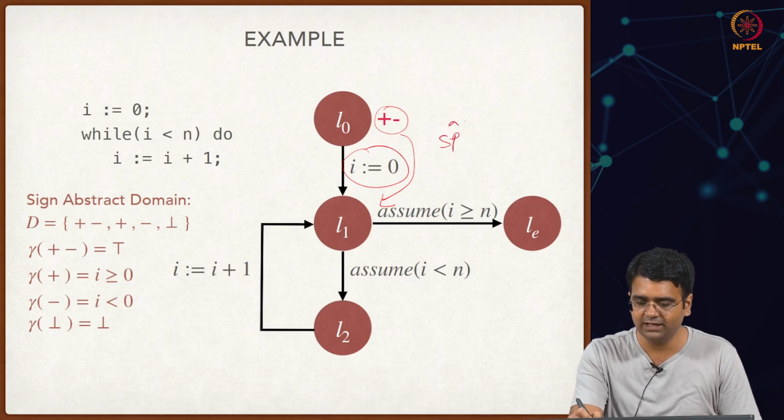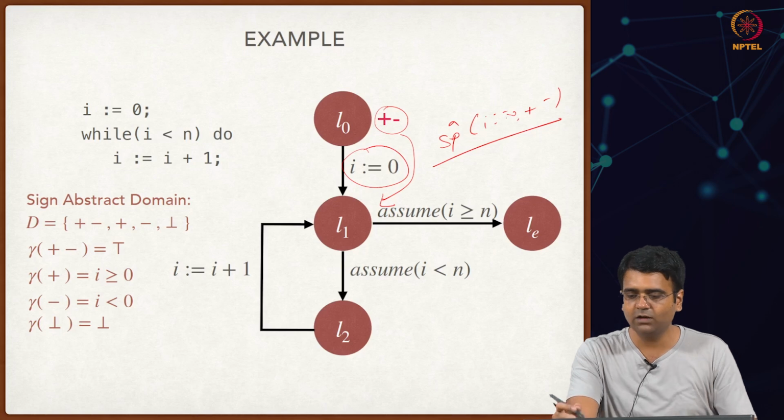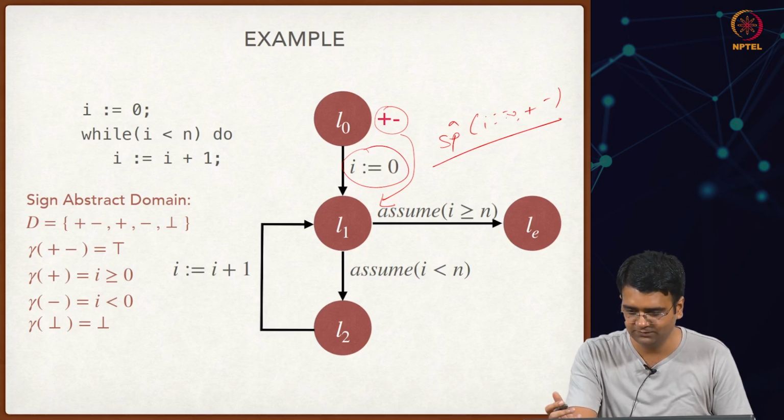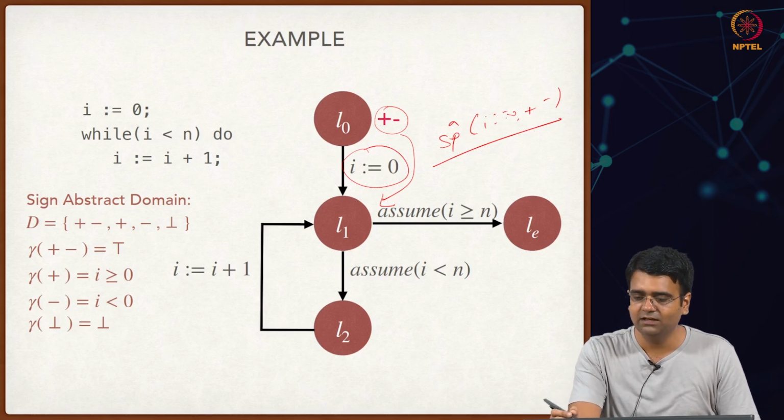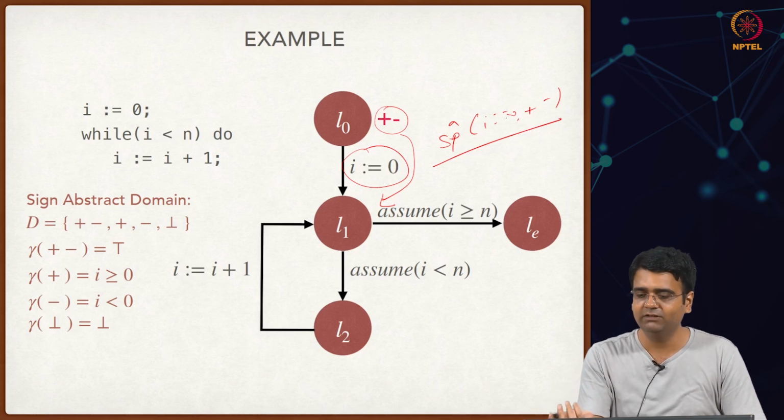So we want to compute SP hat of I equal to 0 and plus minus. Essentially what we are asking is, if you execute I equal to 0, what are all the concrete program states that you can get, and what is the best value from the abstract domain which can be used to over approximate that set of program states.